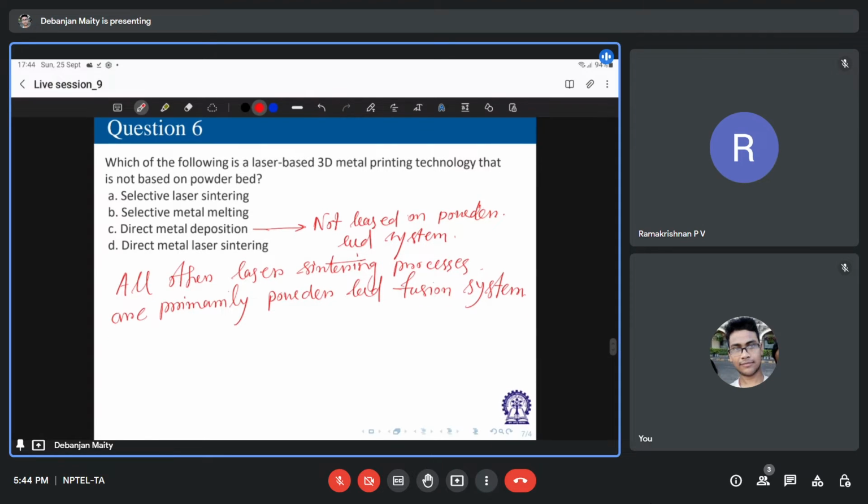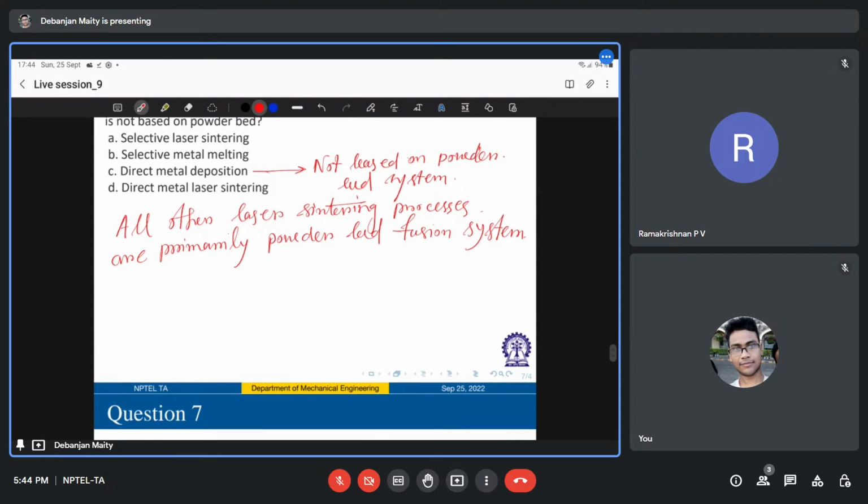So yes, initially you can have a bed like structure. Over there you initially spread your loose powders. So it's all loose powders initially.